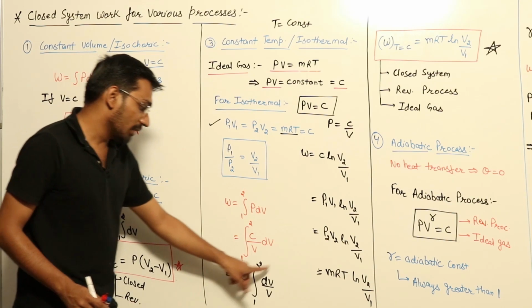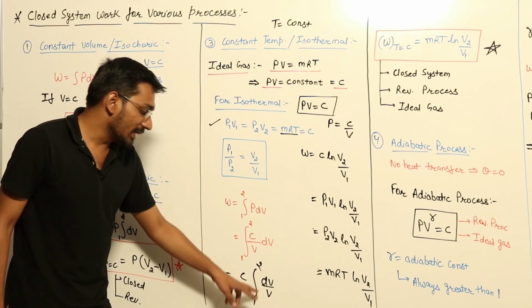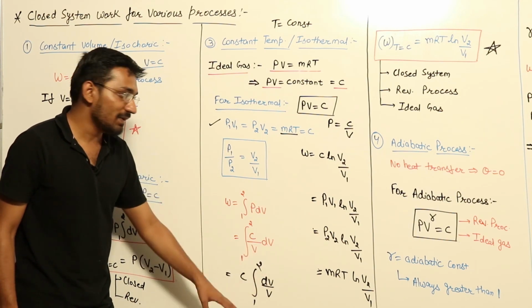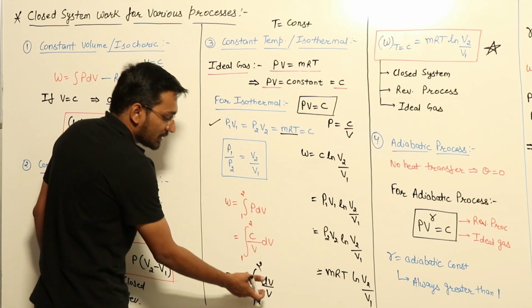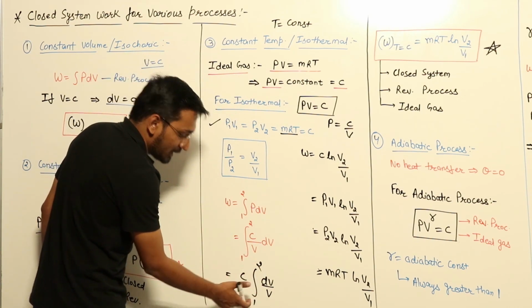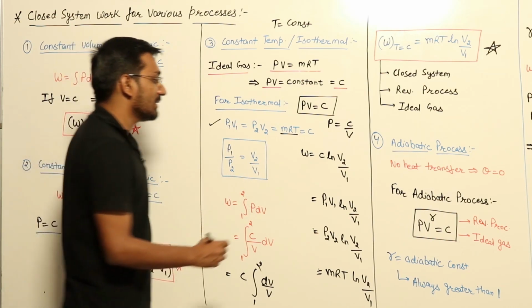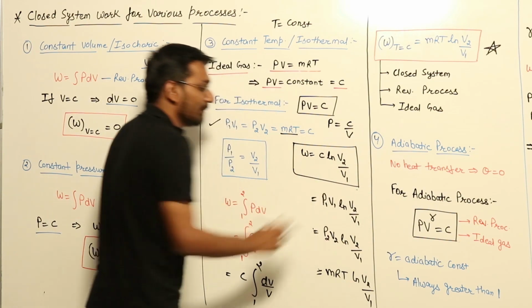We know that the integration of 1 by x, or 1 by V, is equal to ln V. So putting the limits from 1 to 2, I can say that work done will be equal to C into ln V2 by V1.